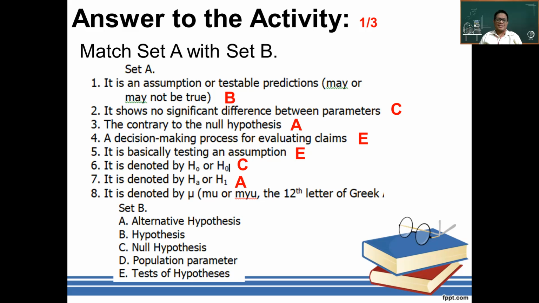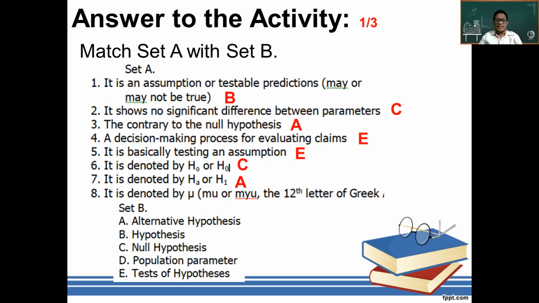Number 8, it is denoted by, what do you call that one? U? No, it is mu, the 12th letter of the Greek alphabet. It is pronounced as mu. So when you see that symbol, what is it called?